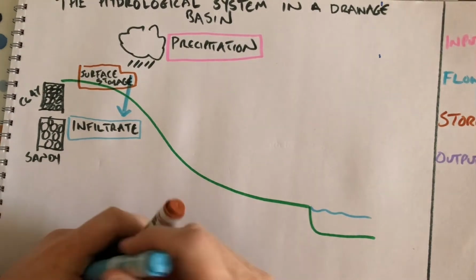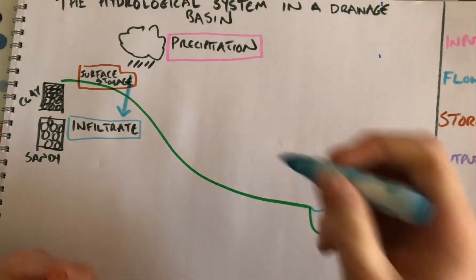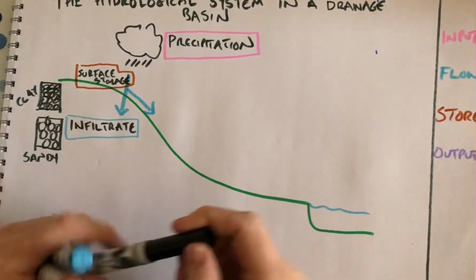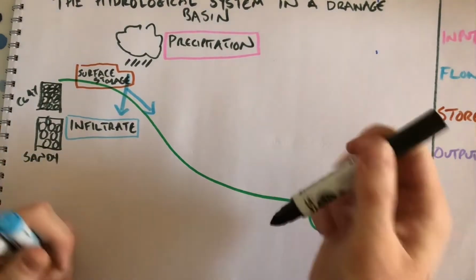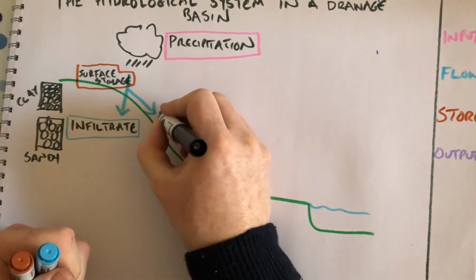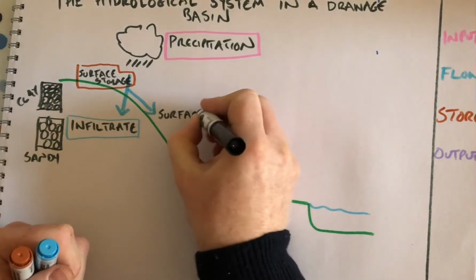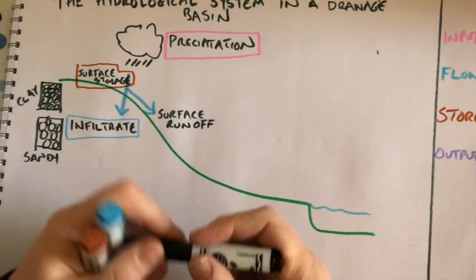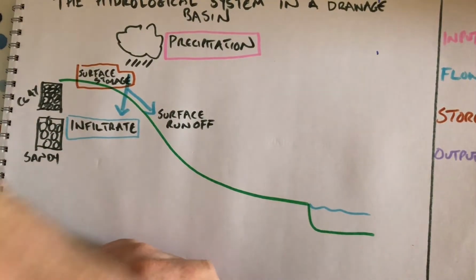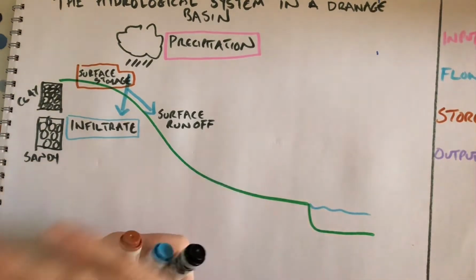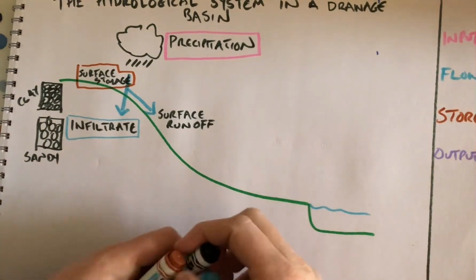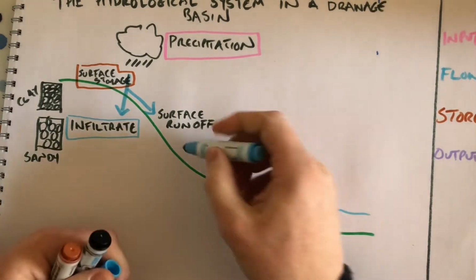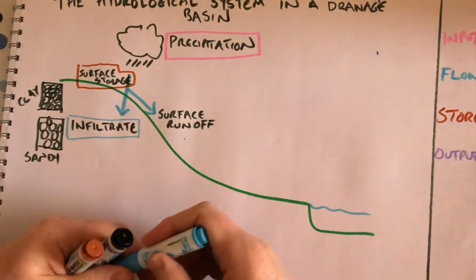But if it doesn't infiltrate and isn't stored on the surface, then its next and only route is that it will flow as surface runoff. So surface runoff is when the whole surface of the soil is totally saturated and the water is running downhill towards the streams. Surface runoff can then just continue into the channel.